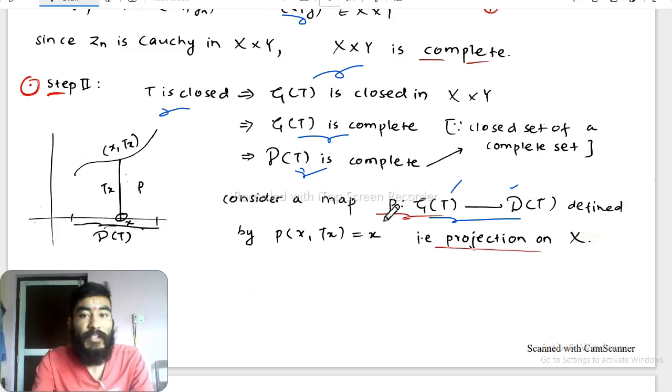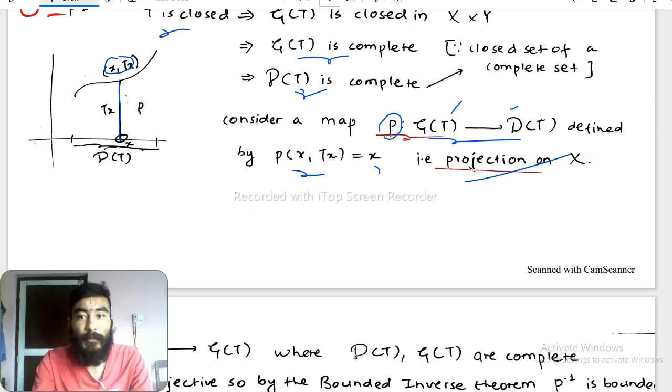Now we consider a map P, which is nothing but a projection map on X. We consider a map P from G(T) to D(T), which is defined by P(x, Tx) equals x. This is the projection on X. So this is the point (x, Tx), and its projection on the x-axis is the point x.